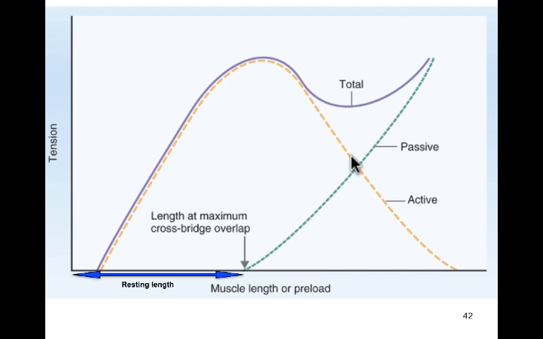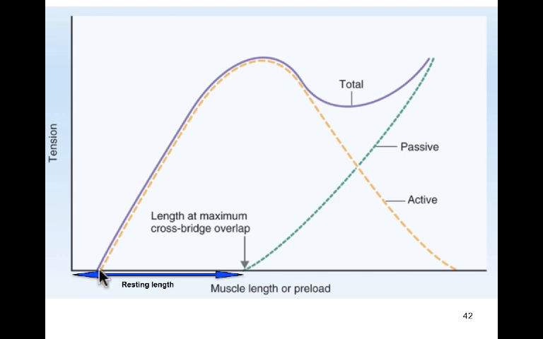In other words, actin and myosin are not aligned optimally, and as a result, they cannot contract and create the maximum force. So realize by increasing the length, the passive tension increases, but active tension decreases. The combination of these two is going to create total tension.